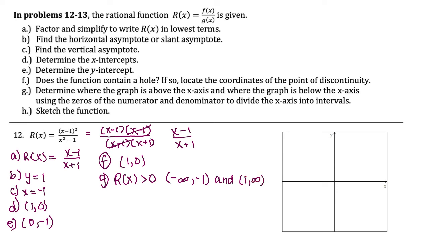And then below, the function is below the x-axis from negative 1 to 1. And let's do a sketch. Remember, you have got your asymptotes. You've got x equals negative 1. We'll put that in. And we also have a horizontal asymptote.